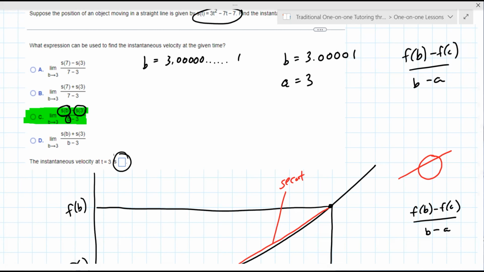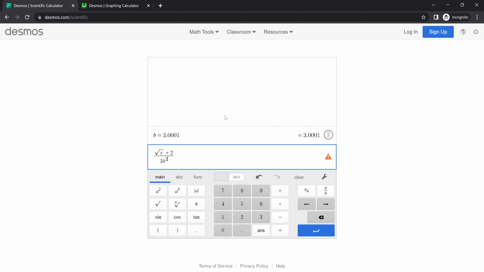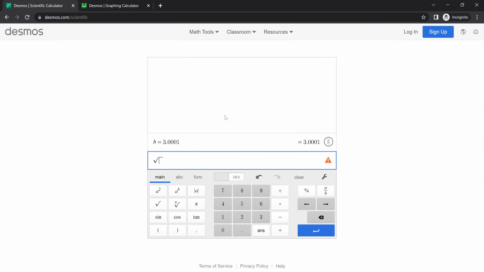In terms of how we actually do that, I'm going to go back to this other calculator, if I can find it. There we go. We're going to let B equal 3.0001, and then we're going to go 3B squared minus 7B minus 7.